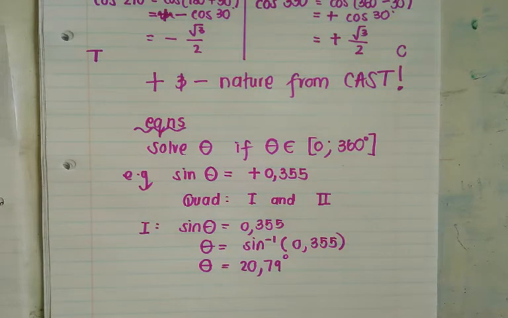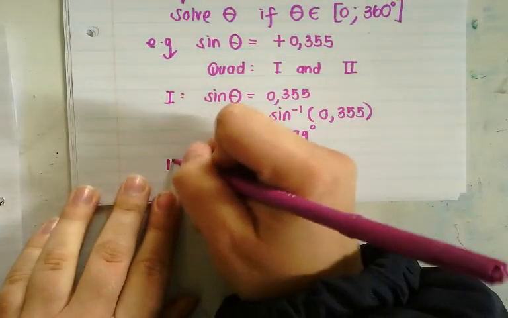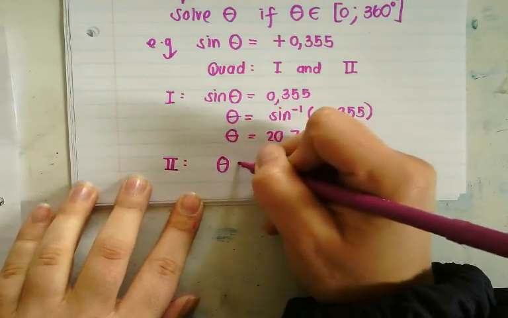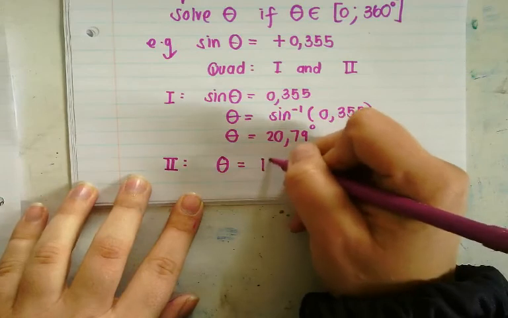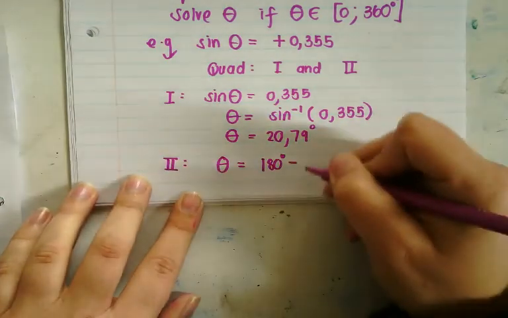There's another option, which is in quadrant 2, which is 180 minus. So quadrant 2 is going to be theta equals 180 degrees minus 20.79.